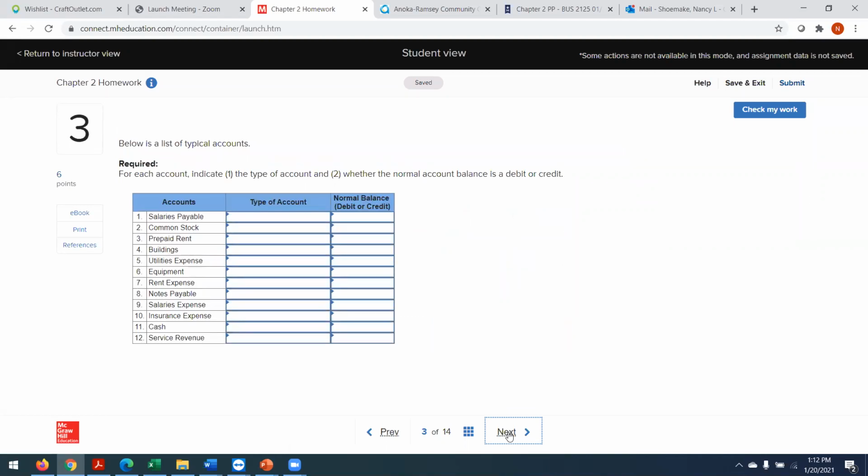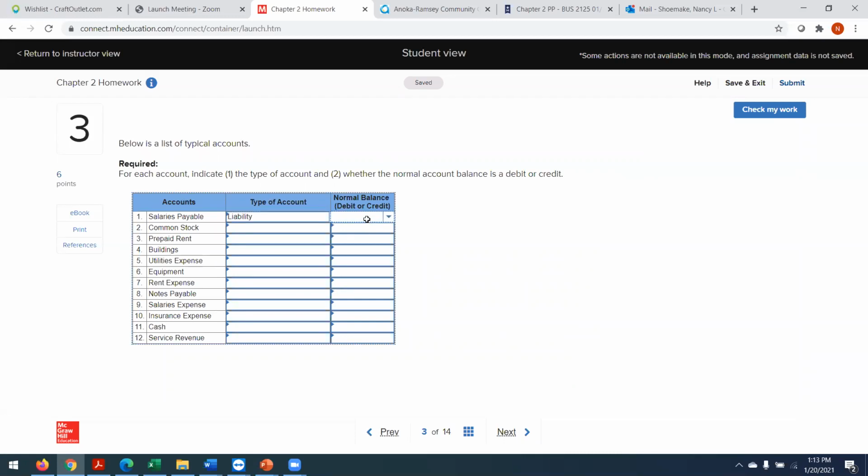This is important. This is the account. You tell me, is this account an asset, a dividend, an expense, or a liability? Liability. And is the normal balance a debit or a credit? Credit.